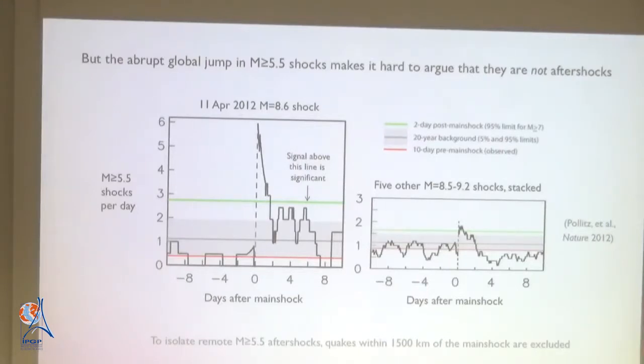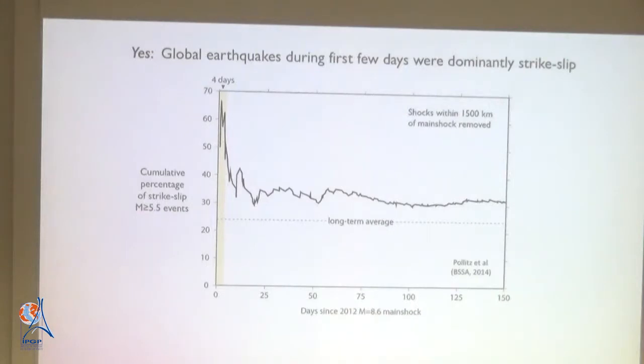But then something else. Since the Love waves do this, you would think that what you're doing is stimulating strike-slip faults. And therefore, we should look to see the ratio of strike-slip global earthquakes to others. And that shows something really remarkable, that normally 25% of global earthquakes are strike-slip.